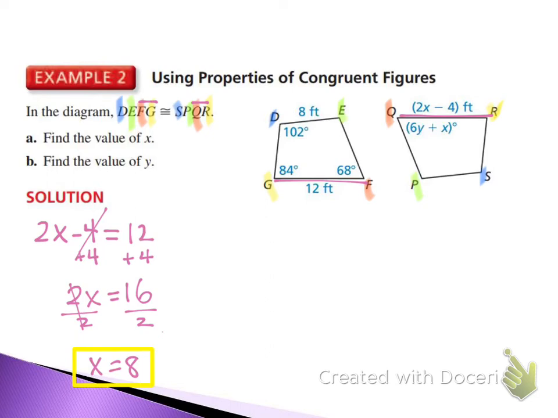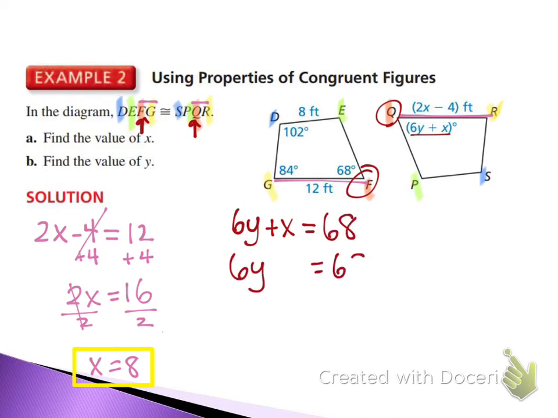Then it says find y. There's only one y, correct? Is it a side or an angle? It's an angle. It's angle Q, which corresponds with angle F. So 6y plus x equals 68. Some people try to solve this like it's a system of equations or something.